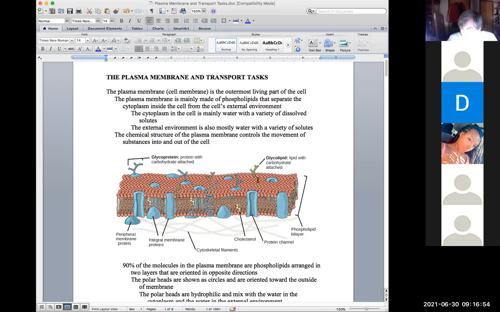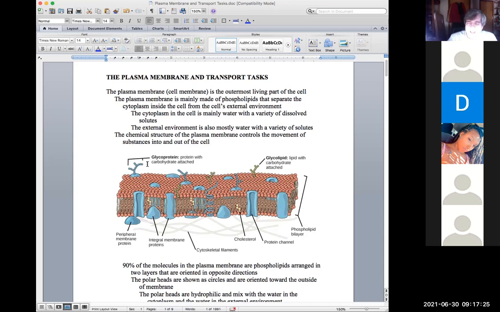Now notice we also have some chains of carbohydrates coming off the polar heads of the phospholipids. And this is called a glycolipid. And again, this is typically a short branch chain made up of somewhere between about 5 and 15 monosaccharides bonded together. And again, this is used for cell-to-cell recognition.